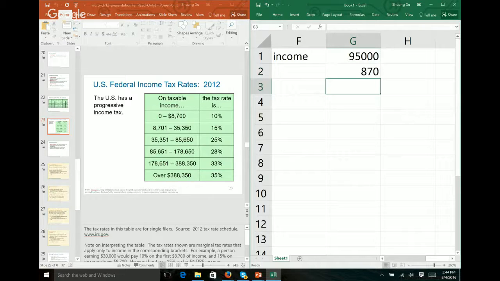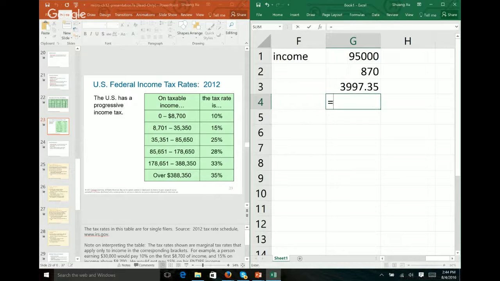All right, so for the first level, we're going to pay 870. And then for the second level, from 35,350 to 8,701, we're going to pay a 15% tax.